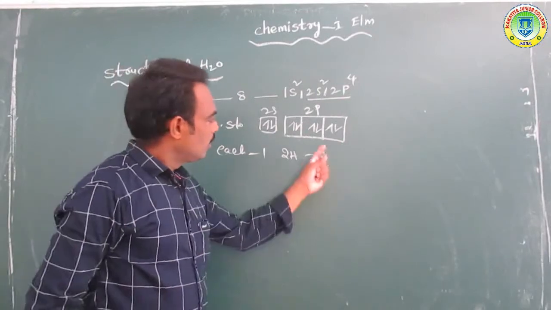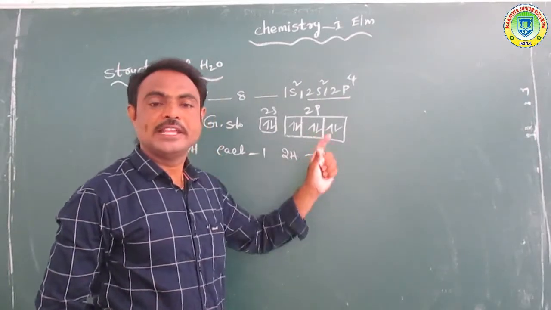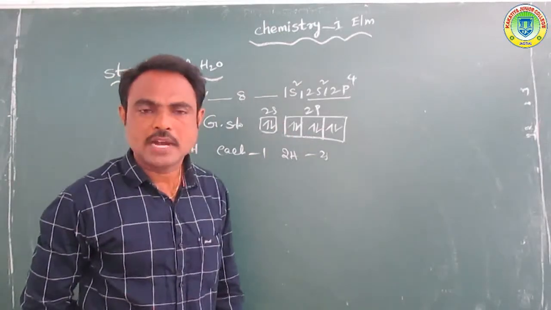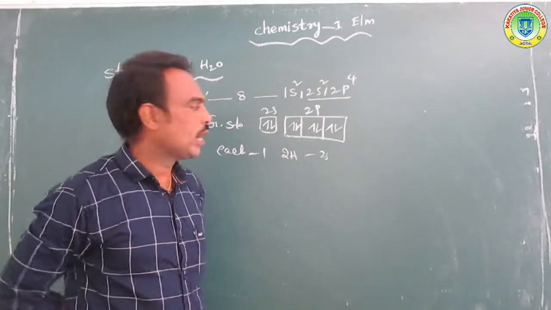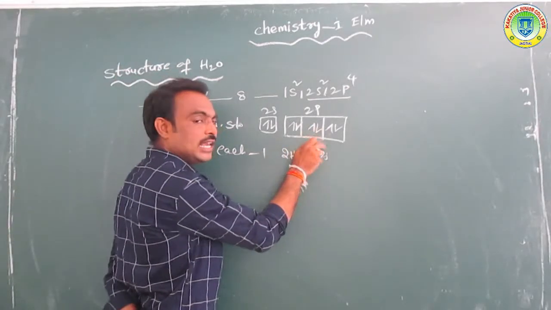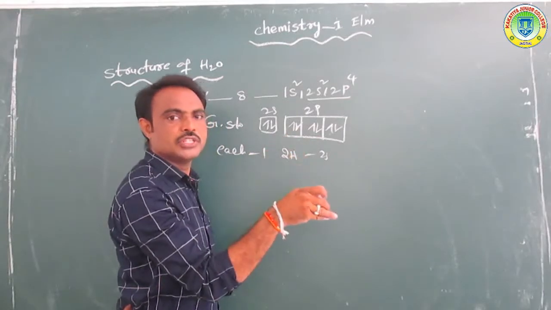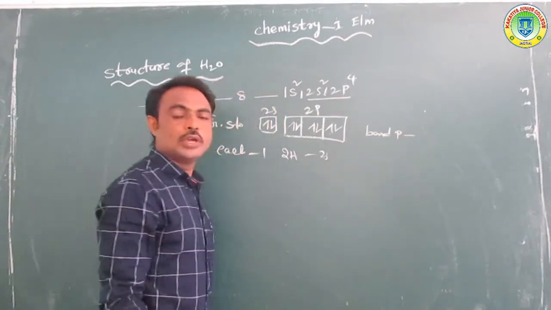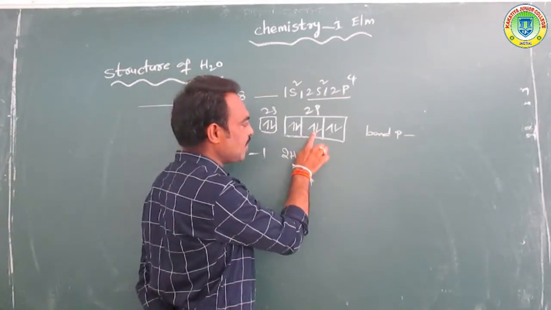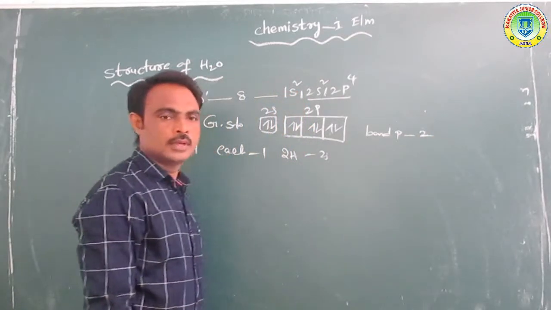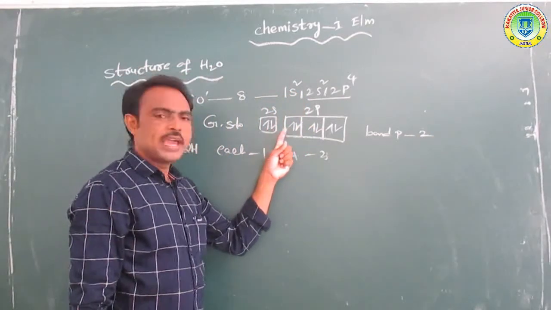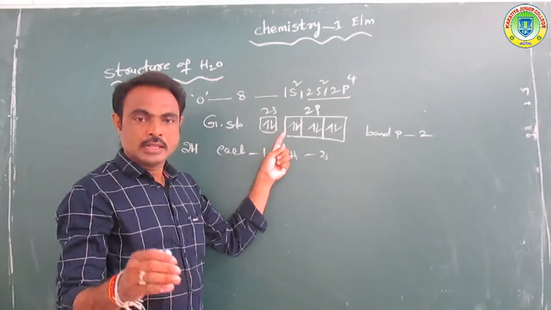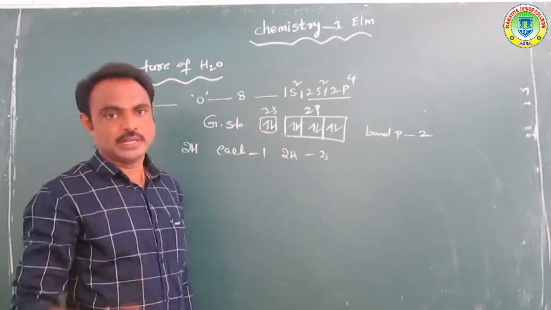The 2 pairs that participate in the bond formation are called bond pairs. So here there are 2 bond pairs. The pairs that do not participate in the bond formation are called lone pairs.